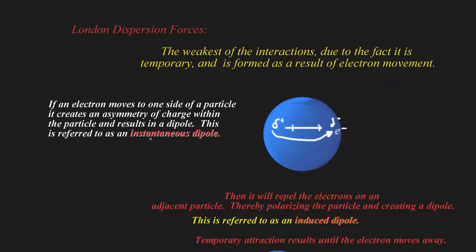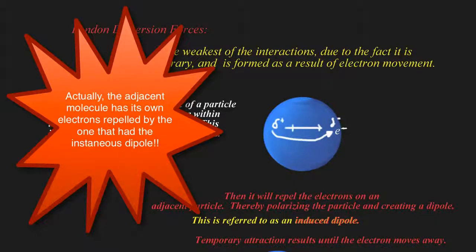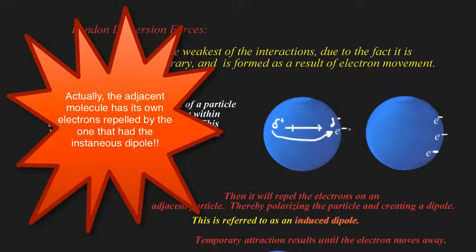Now what happens is after this instantaneous dipole is created within the particle due to this transient or temporary action of the electron movement, the adjacent molecule ends up repelling electrons. If we look at the adjacent particle, whatever it is, whether it's a gas or a liquid, they're going to have particles within that phase that interact, and this is the weakest of the interactions.